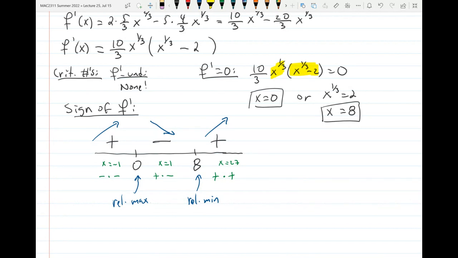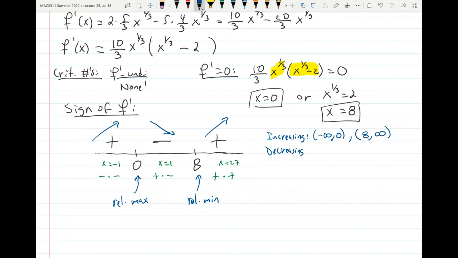Those are important points that we found. So they are going to go to my blue boxes. I'm going to record here also the monotony. So increasing, that will be from negative infinity to 0, then also from 8 to positive infinity.